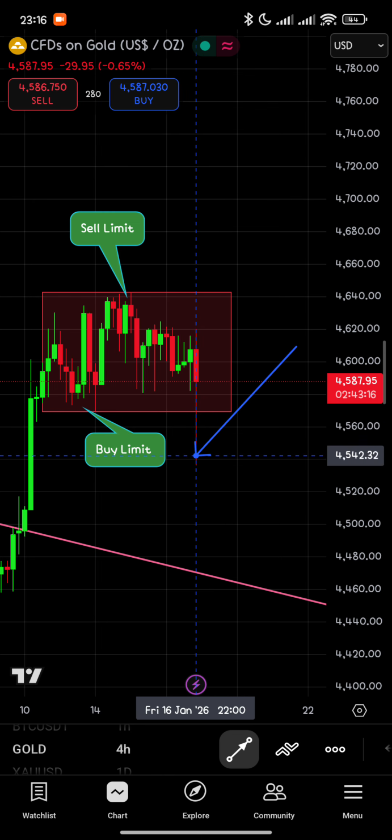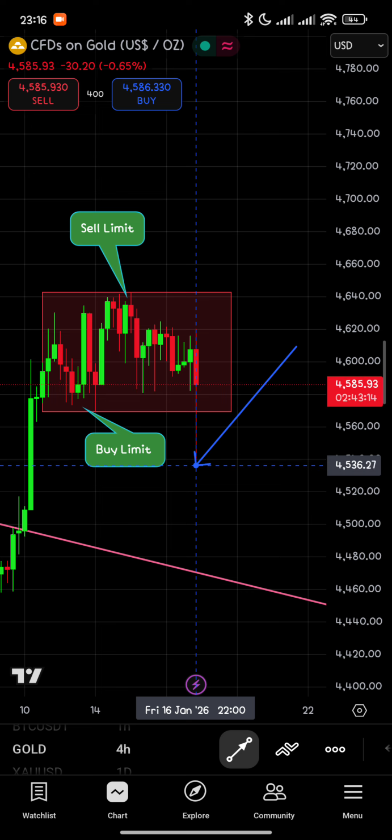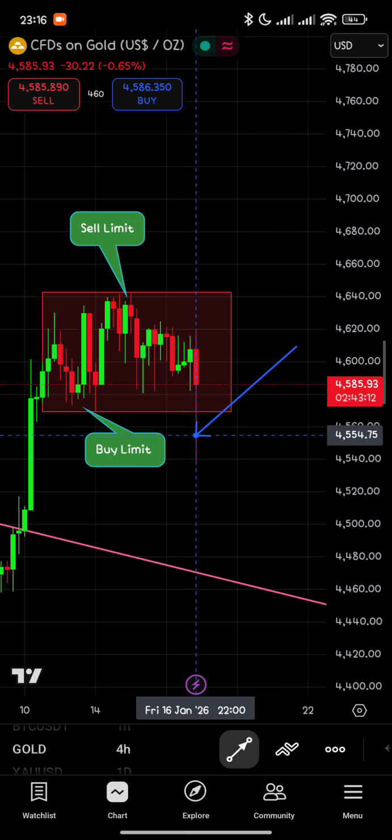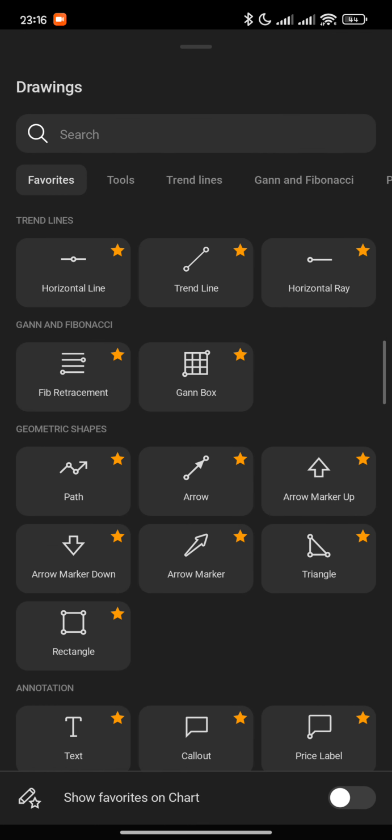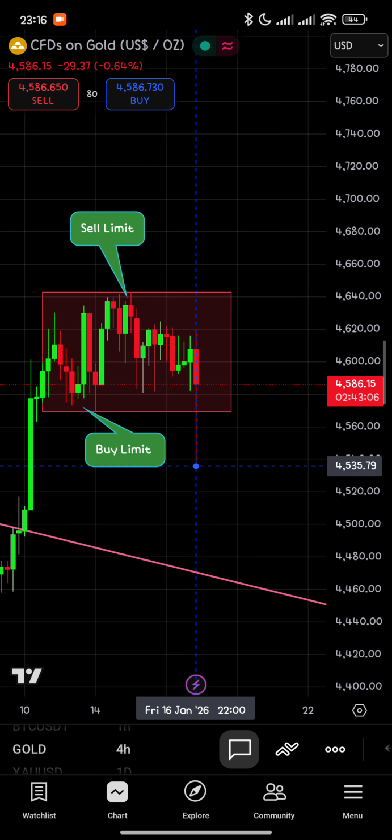This dump over here pushed down about 2,000 plus pips, or about 3,000 plus pips, which means this is a spot that caused buyers to close their positions.